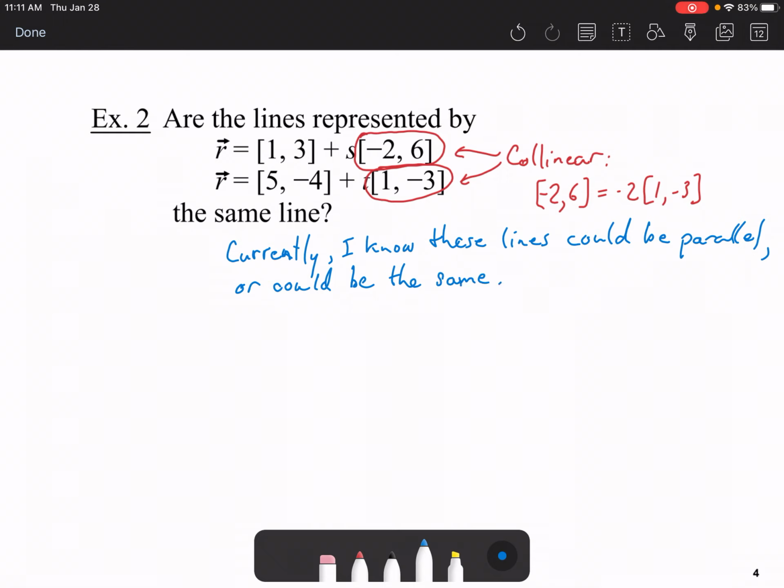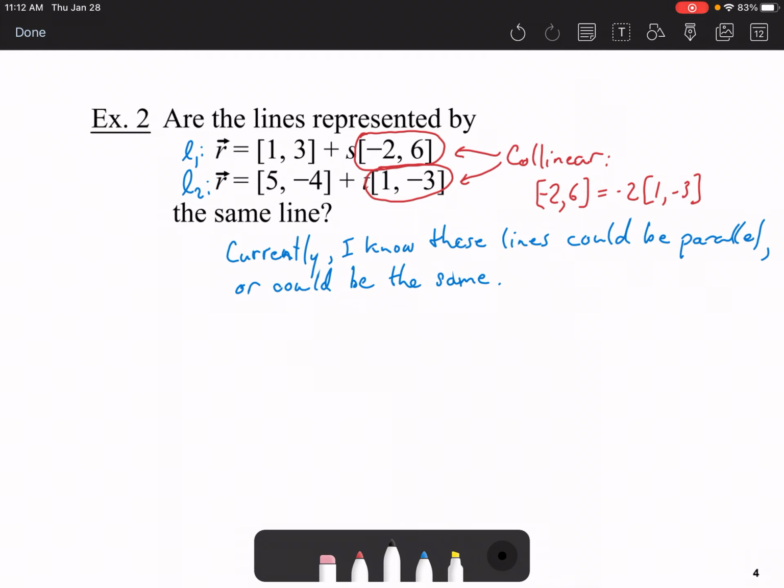Well, in order to verify that they could possibly be the same line, what I need to do is see if the reference point, or the starting point on one of them, is on the other line. So I'm going to label these two lines. I'm going to call this L1, I'm going to call this L2, so that I can refer to each line.